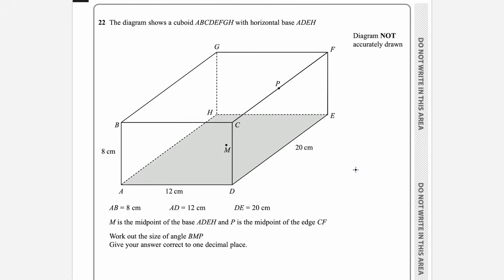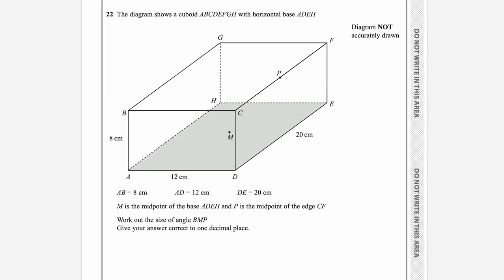Okay, question 22. The diagram shows a cuboid. Here we go. All these dimensions are given. M is the midpoint of the base. P is the midpoint of the edge. Work out the size of angle BMP. So BMP, right? So first thing, guys, is to draw this triangle.